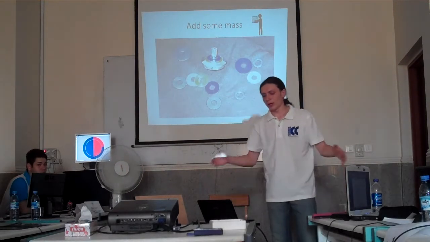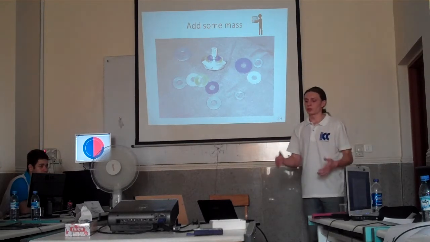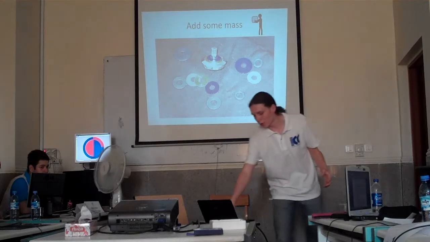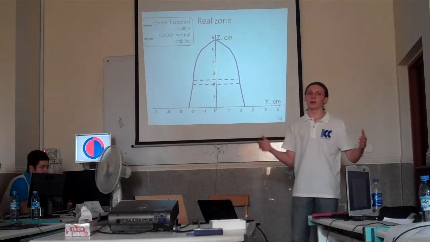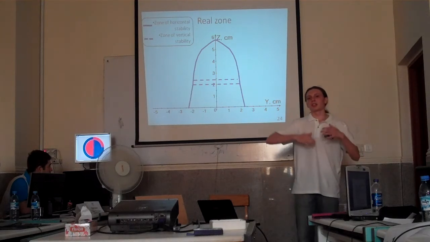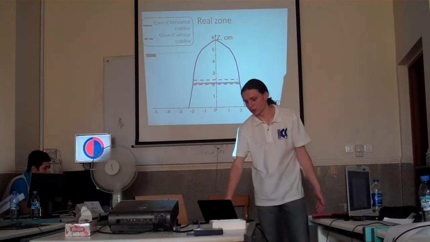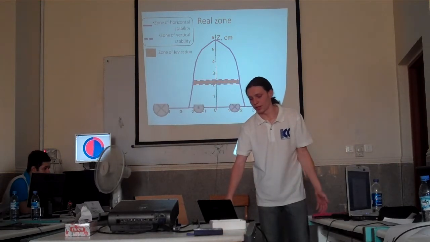Well, we should add some mass. There were some masses in the complex with our toy. So the zone will be smaller, but the stability will be higher. Because when our mass is very small, the spinner tries to accelerate over the whole range of stability, and then flies out from the axis of symmetry. Here is the real zone of levitation.